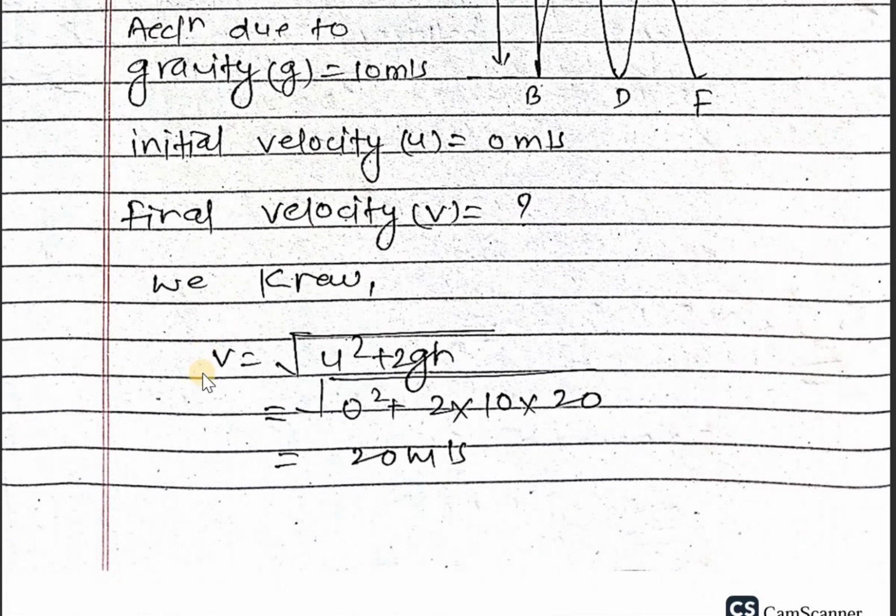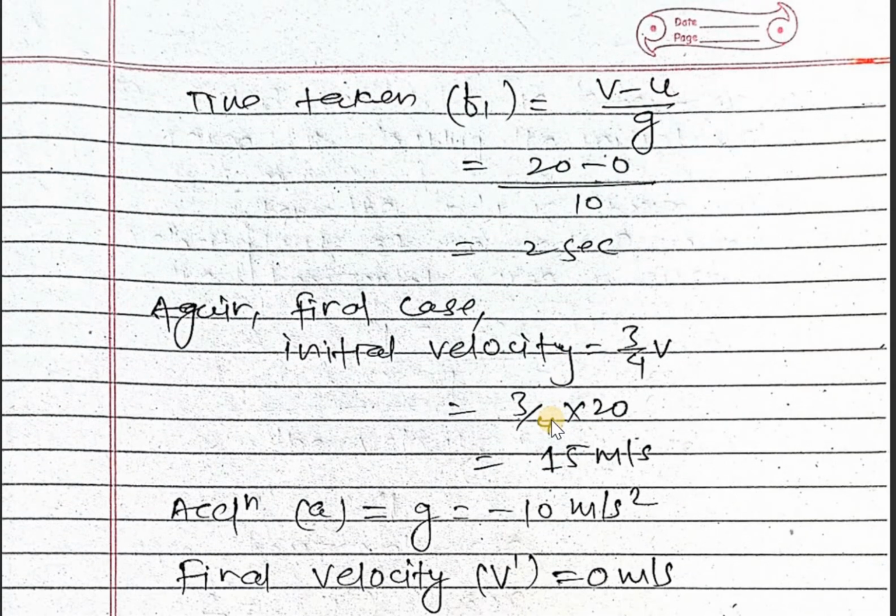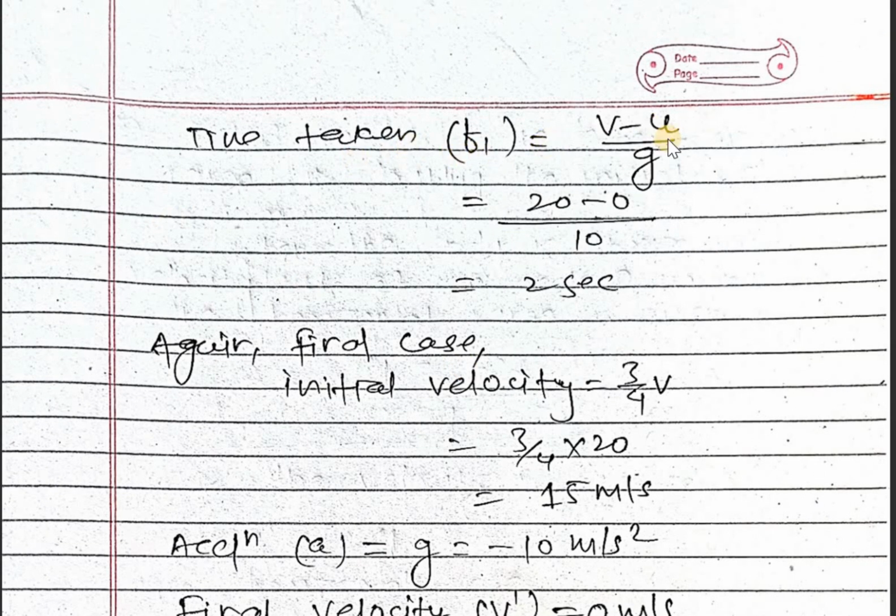We know v square equal to u square plus 2gs. So v equal to root under u square plus 2gs. Put the value of u, g and s, we can get final velocity is 20 meter per second. And time taken equal to v minus u upon g, that is 20 minus 0 upon 10, is 2 seconds.